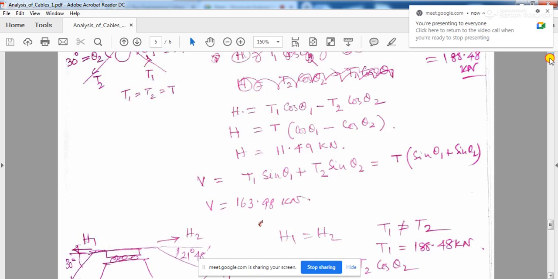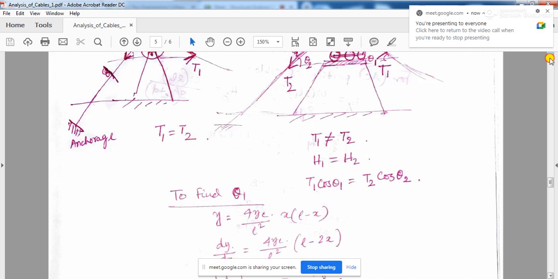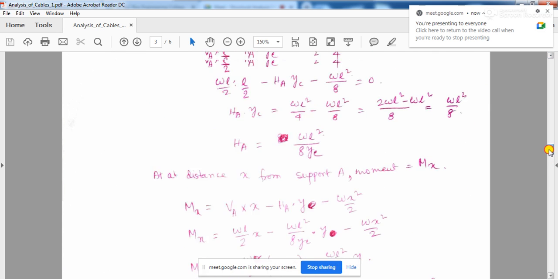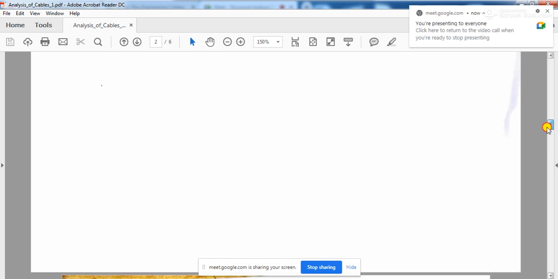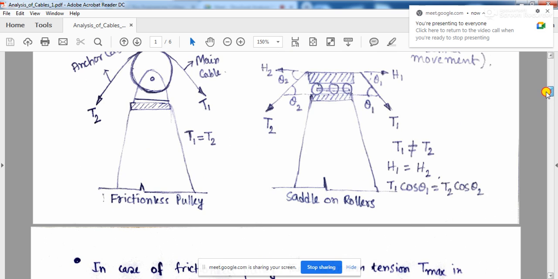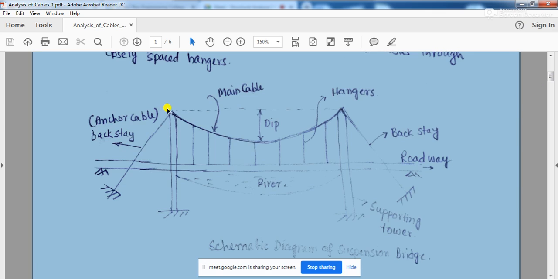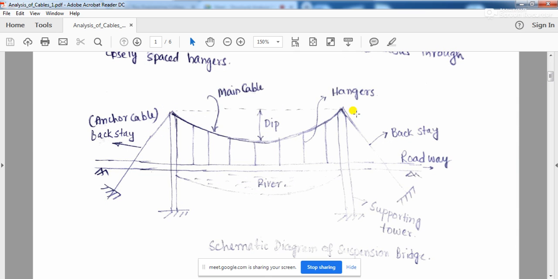That means in this case, if I go a little up, see, this cable is starting from this level and this cable is starting from this level. So the supports of this complete cable are at the same level.